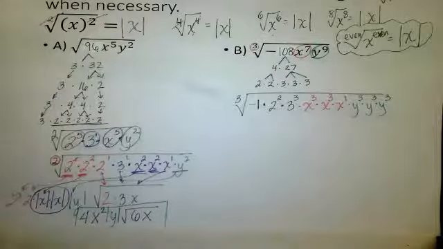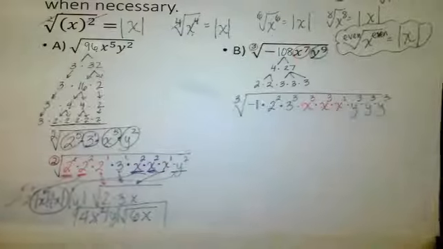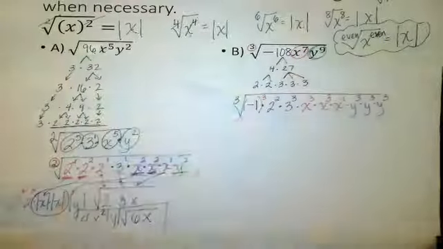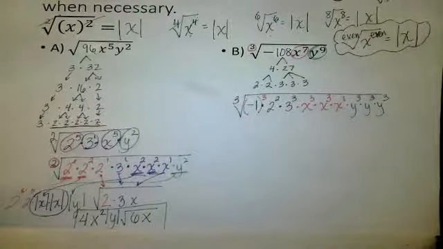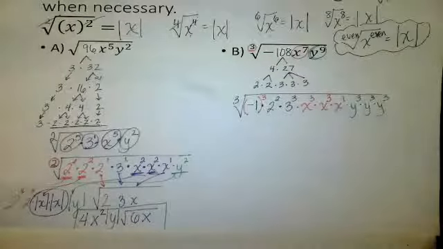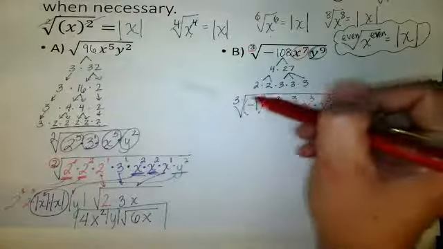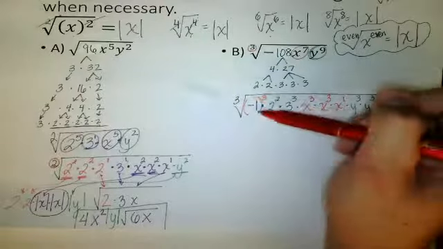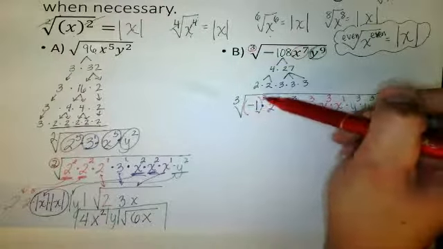So here's where this is weird with negatives. What's -1 cubed? -1 times -1 times -1 is -1. So it turns out that I can pretty easily take the cube root of -1. What is the cube root of -1?